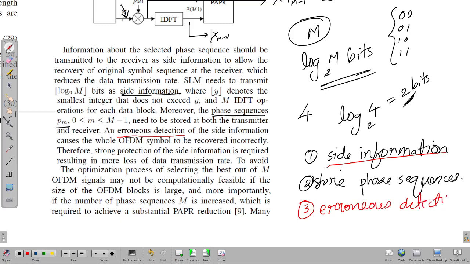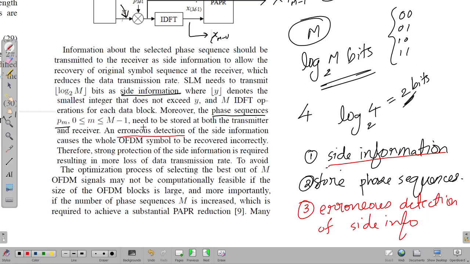The whole OFDM symbol is going to be in error. So that is another disadvantage of the SLM technique.